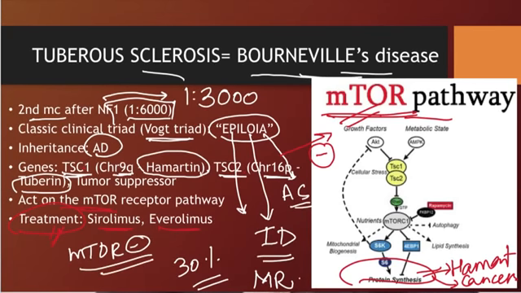So it is very important that the newer advances in the treatment of tuberous sclerosis include these mTOR inhibitors, namely sirolimus and everolimus, which are used in the treatment of SEGA as well as angiomyolipomas, particularly in cases where it is unresectable or too advanced, where surgery cannot be performed. This is a very important potential question, particularly for AIIMS and NEET exams: sirolimus and everolimus, mTOR inhibitor drugs used for treatment of tumors in tuberous sclerosis.